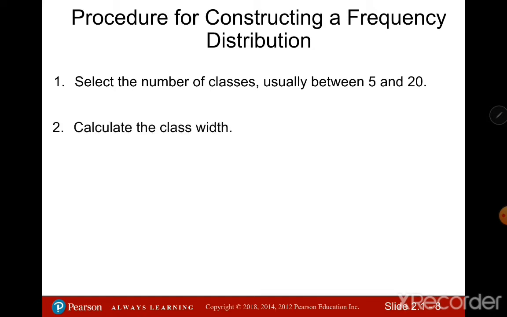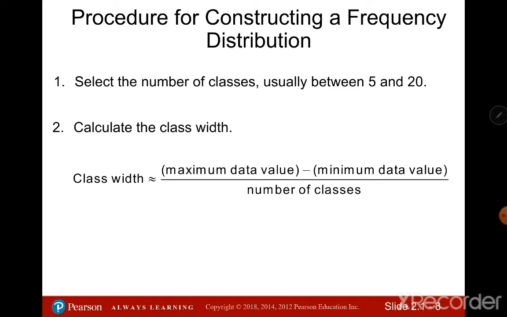Next step, we should calculate the class width. So remember, how can we get the class width? If we want to calculate the class width, we use this formula. If we have a data set, we need to find which one is the greatest value and which one is the smallest value.